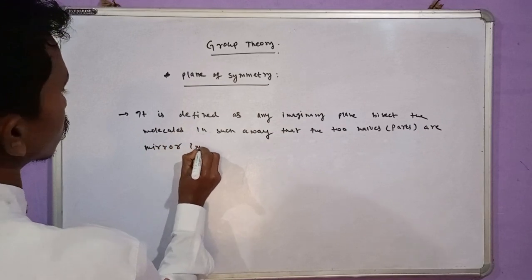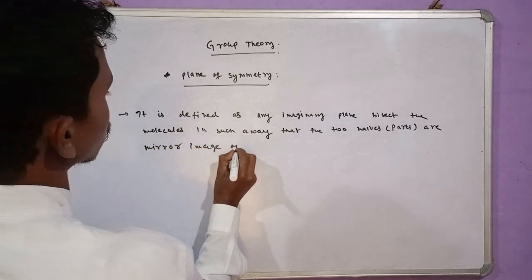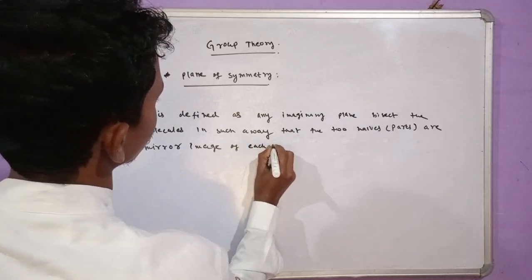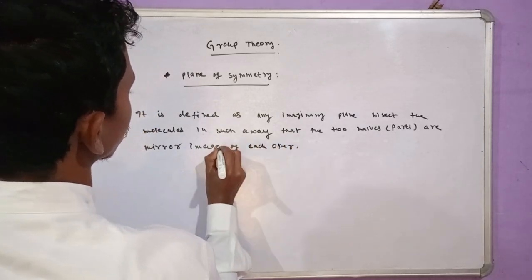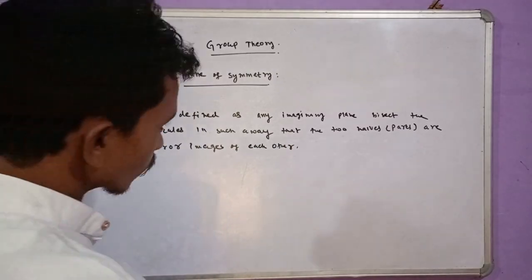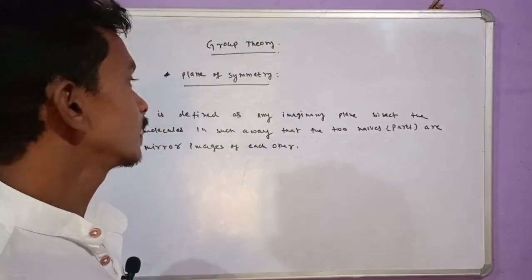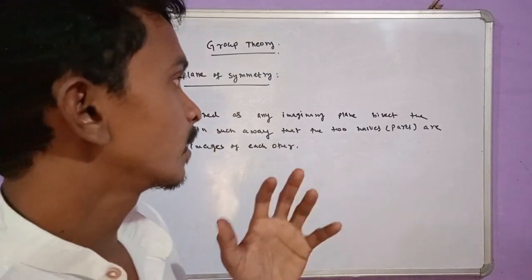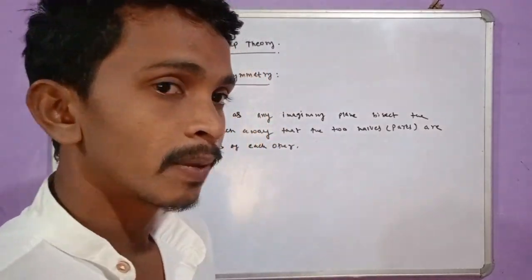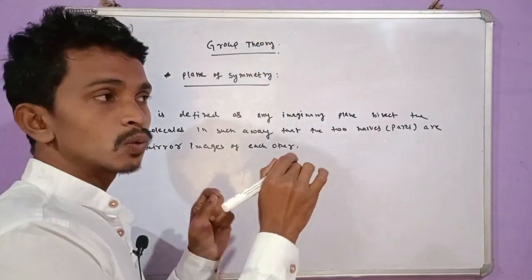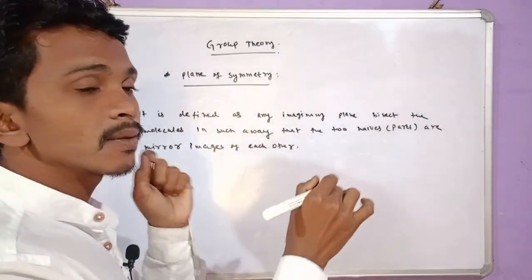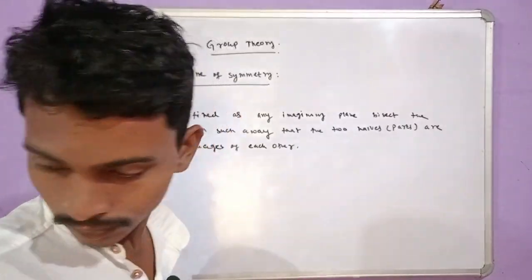So, the plane of symmetry means any imaginary plane that bisects the molecule into two parts such that the two parts are mirror images of each other.